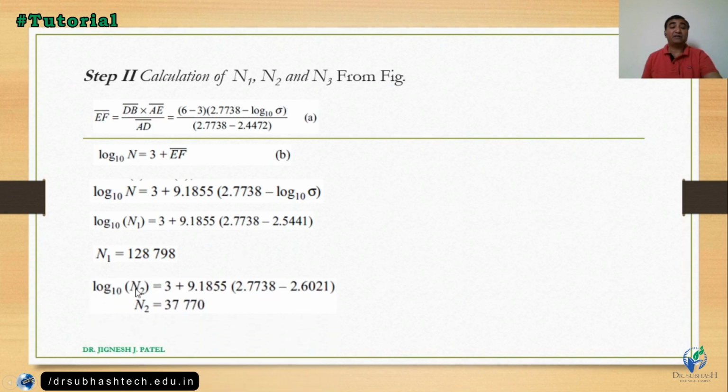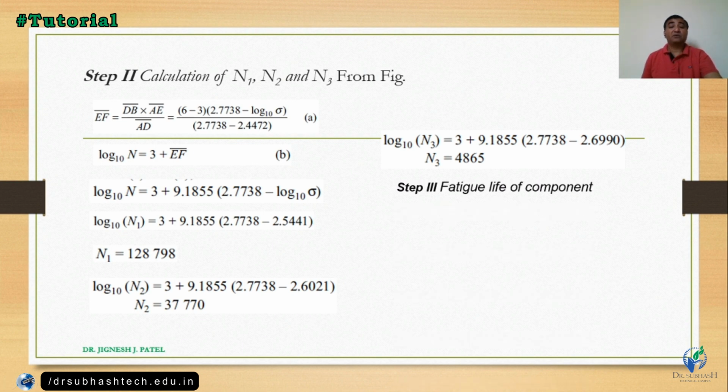Similarly, find the value of n2 by putting the value of sigma 2 in this equation. So n2 is equal to 37,770 cycles. Similarly, you can find the value of n3. So n3 is equal to 4,865 cycles.